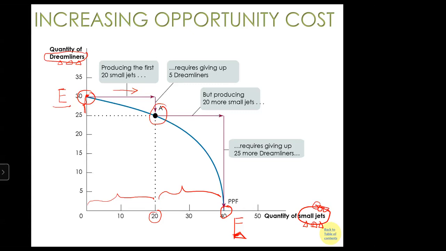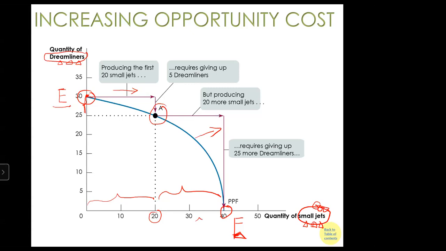So that explains why we may have a PPF that is outward curved, like we see in these slides. But essentially, it just says the opportunity cost of producing small jets will increase once we allocate more resources into the production of small jets, or once we shift towards that particular product.